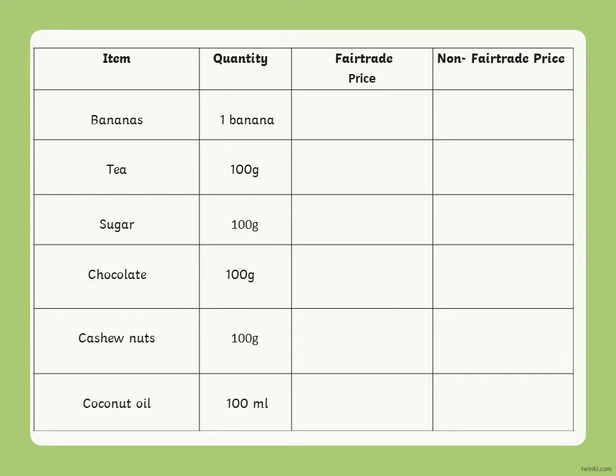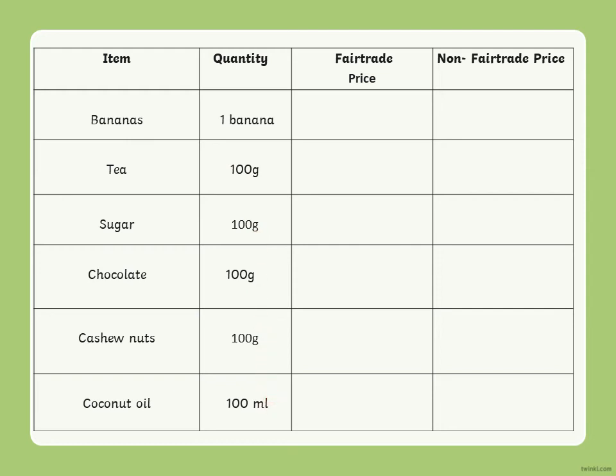Do you think the fair trade price will be more expensive or less expensive than the non-fair trade price? We'll have a think about that. Then we're going to look at tea, sugar, chocolate, cashew nuts and coconut oil. And we can compare 100 grams of each or 100 millilitres of coconut oil.